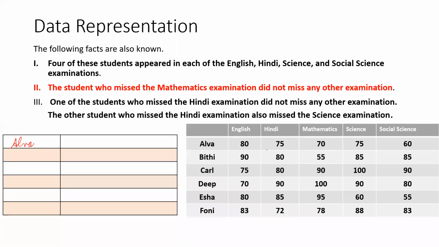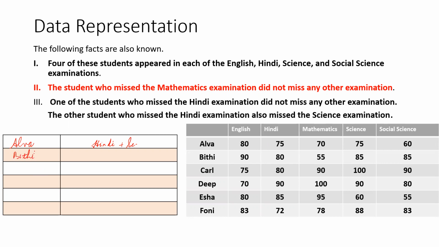So ALVA could possibly have missed Hindi and Science, and based on condition 3, this looks like a valid assumption. So I can take ALVA having missed Hindi and Science.